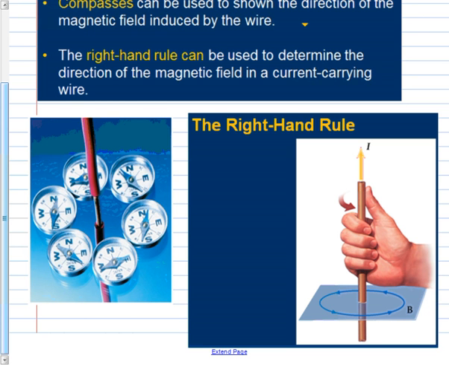Now, I should have backed up a little bit. An electromagnet, we just did an electromagnet, essentially, when I passed electricity, a current, through this wire. I need to do a little more with it. Any of you ever made a little electromagnet when you were a kid? So how do you make a little electromagnet? You just take some wire, and you coil it. There's my nail.